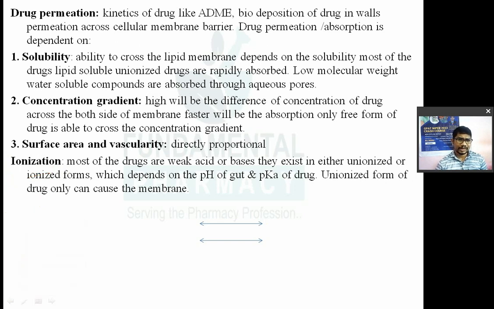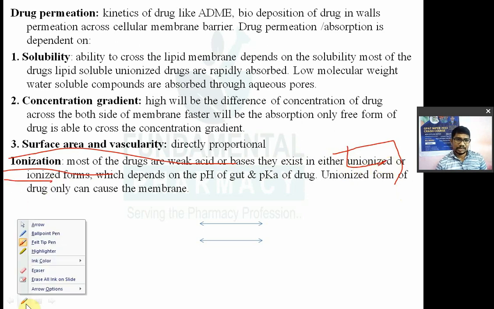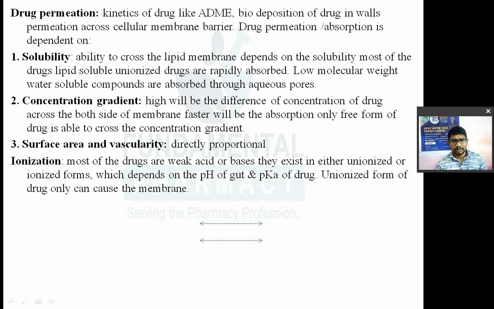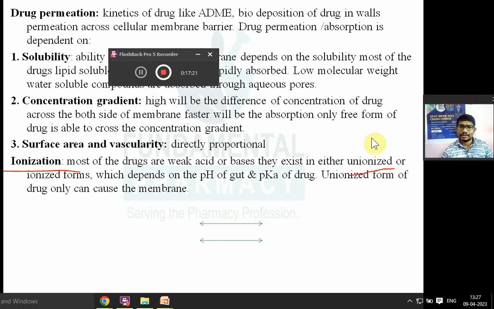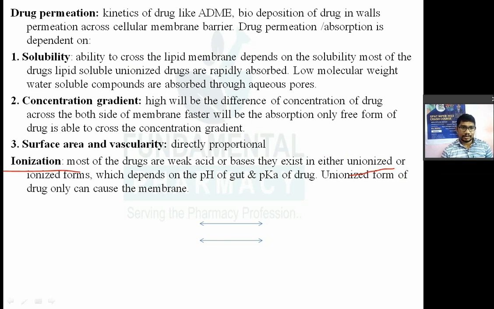This depends on the pH of surrounding medium and pKa of drug. कि कौन सा ड्रग आयोनाइज फॉर्म में रहेगा, कौन सा ड्रग अनआयोनाइज रहेगा, कौन डिसाइड करेगा. जैसे बोला है मैंने, मोस्ट ऑफ द ड्रग्स आर आइदर वीक एसिड्स और वीक बेसेस. ओके, एंड दे एग्जिस्ट इन आइदर आयोनाइज्ड फॉर्म और अनआयोनाइज्ड फॉर्म. जैसे सोडियम क्लोराइड NaCl जो नमक है, दैट इज अनआयोनाइज्ड फॉर्म. अगर उसको सॉल्यूशन में डालेंगे तो सोडियम Na+ अलग होगा, क्लोराइड Cl- अलग होगा, दैट इज आयोनाइज्ड फॉर्म. तो मोस्ट ऑफ द ड्रग्स आर आइदर वीक एसिड और वीक बेस. तो वो ड्रग आयोनाइज रहेगा या अनआयोनाइज रहेगा, ये कौन डिसाइड करता है, वेदर दैट ड्रग विल रिमेन इन आयोनाइज्ड फॉर्म या अनआयोनाइज्ड फॉर्म, हू विल डिसाइड.